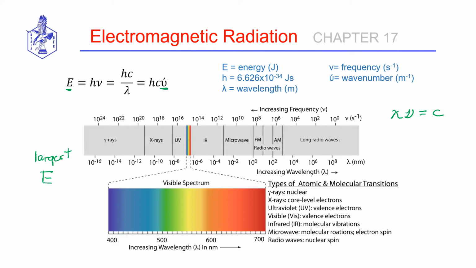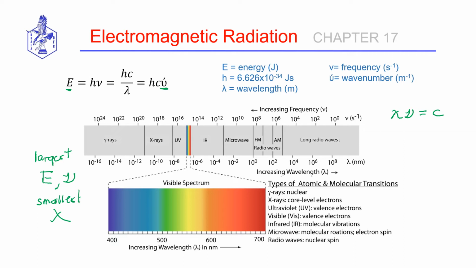Okay, because frequency is proportional to energy, on the left is radiation of the greatest frequency, and on the left is the radiation of smallest wavelength.